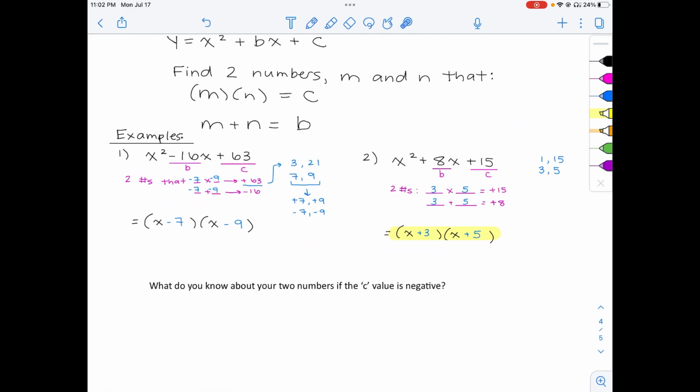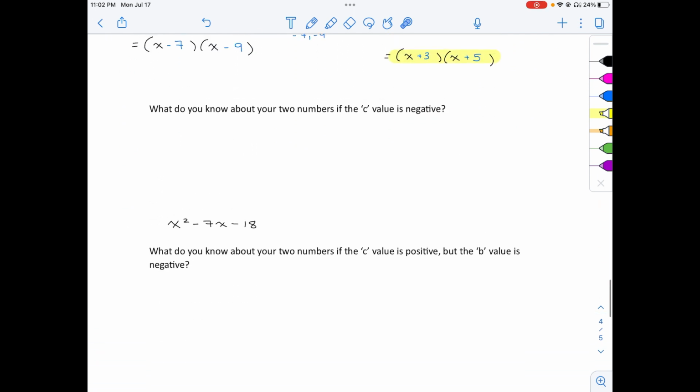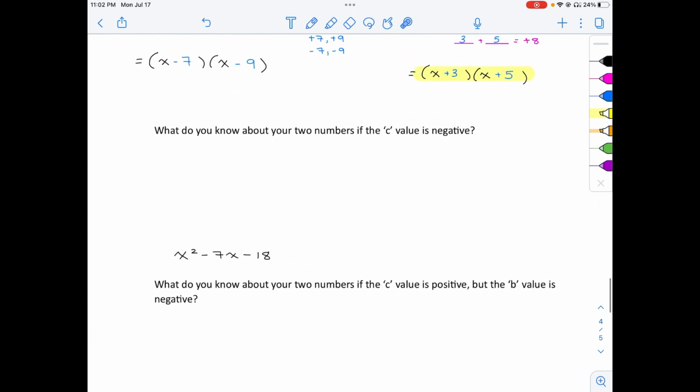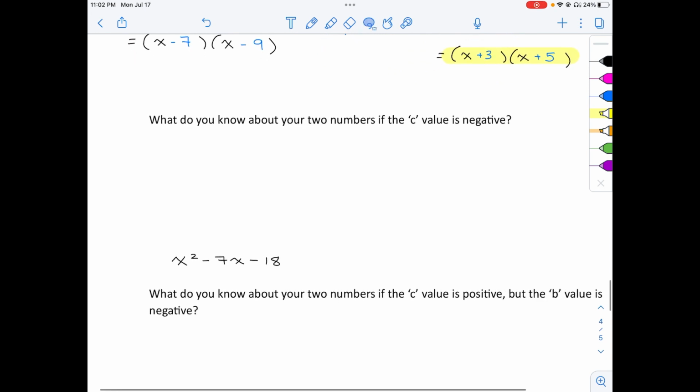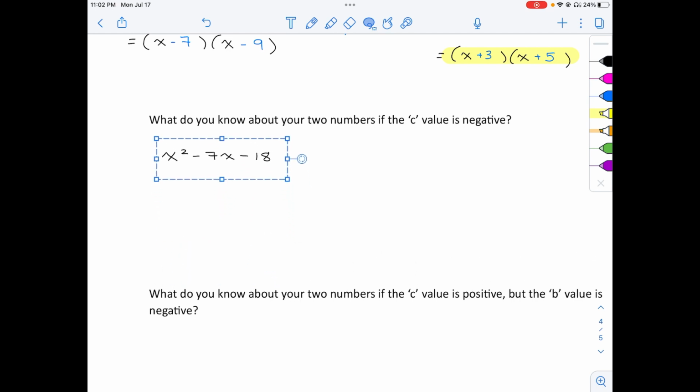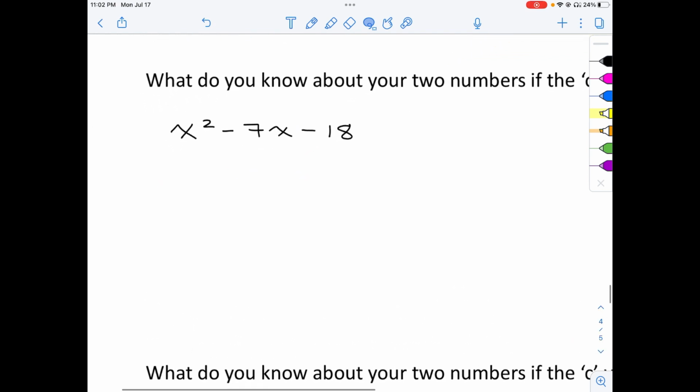Okay, so those were two examples. We're just going to talk briefly about what happens in specific cases of this. So let's say we've got a simple trinomial and the c value is negative. Before we even start factoring, we think about, okay, so if this is what my example is, my b value is negative 7 and my c value is negative 18.